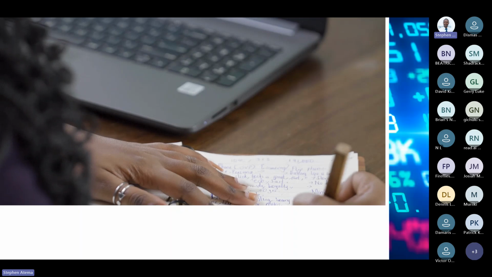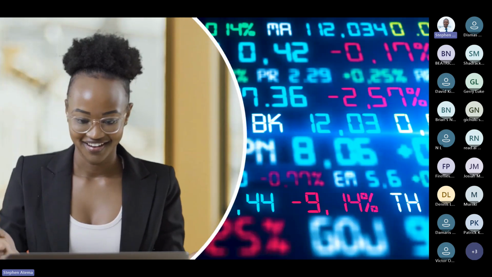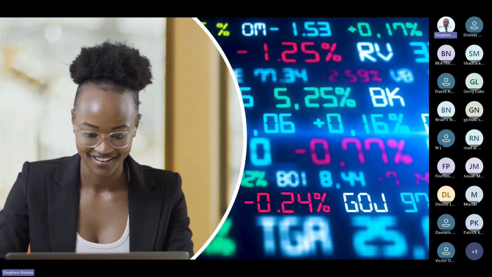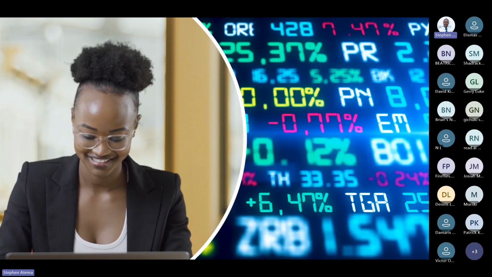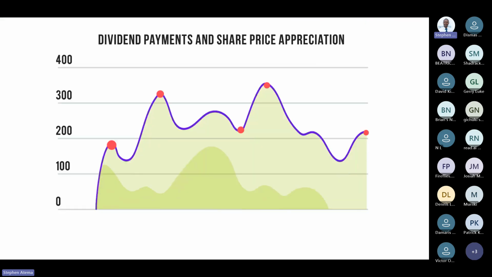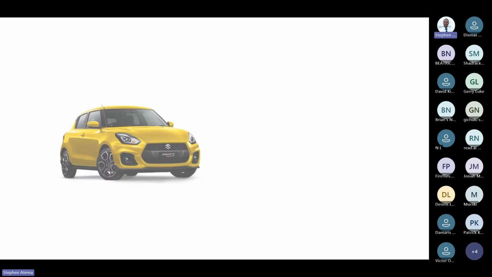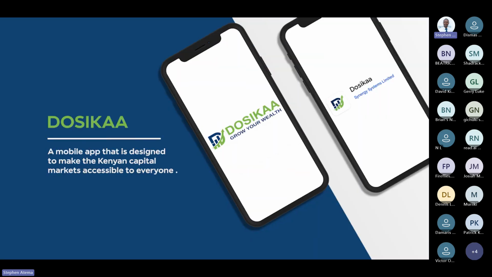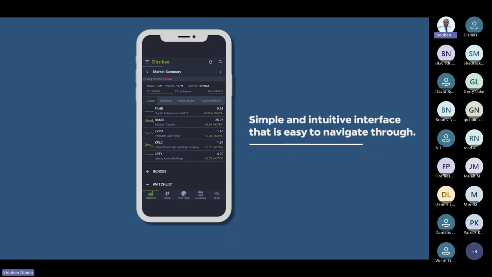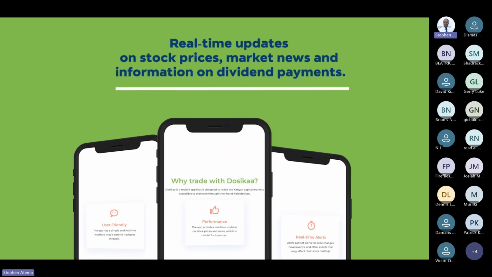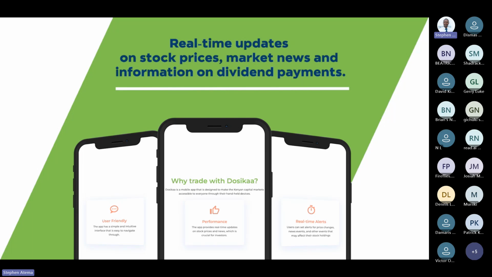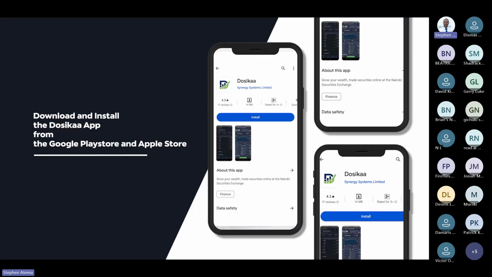On the other hand, Julia researched and found out investing in the stock market as the best option for her. Over the same period of time, she has finally managed to get a deposit to buy her first car. With the Dosika app, you can trade from the comfort of your home. No paperwork, more options, no hustle. Download the Dosika app today.